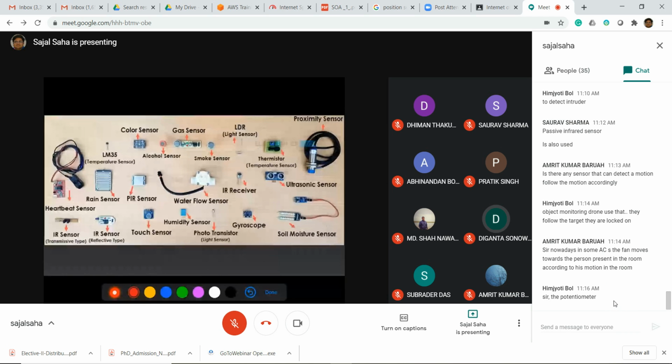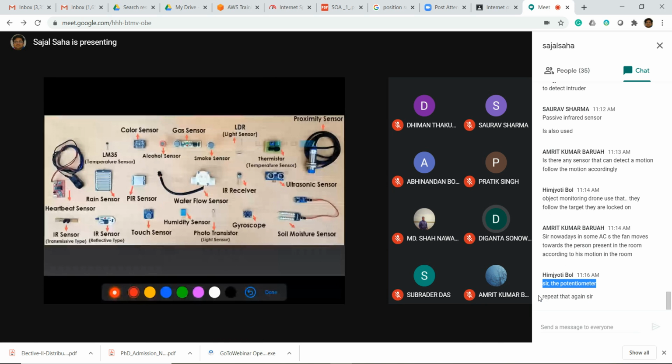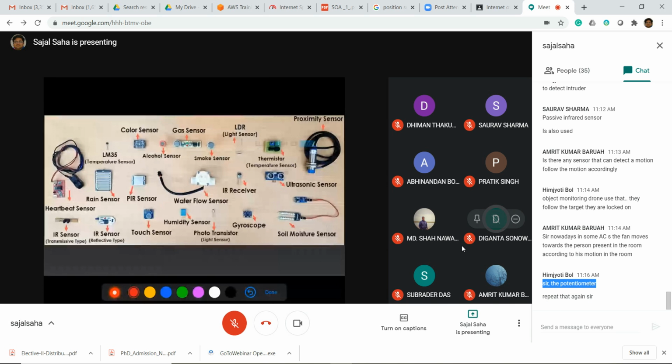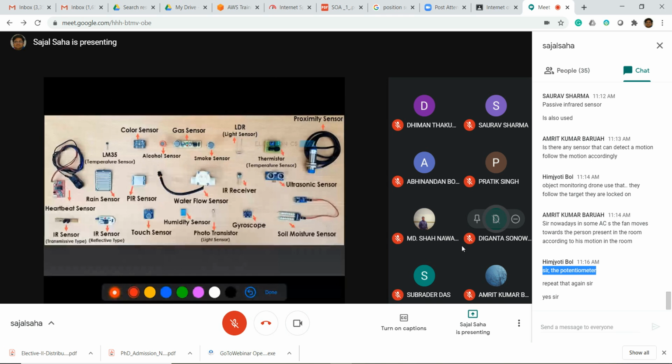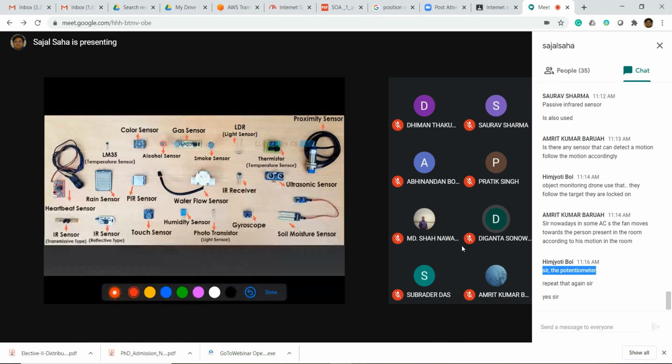Okay, potentiometer. You need the explanation of potentiometer, Himjyoti? Potentiometer is basically based on your position, your movement and the change in position. A potentiometer creates a change in resistance. Even potentiometers are available in your fan. There, you manually move the switch of your fan to change its speed, right?